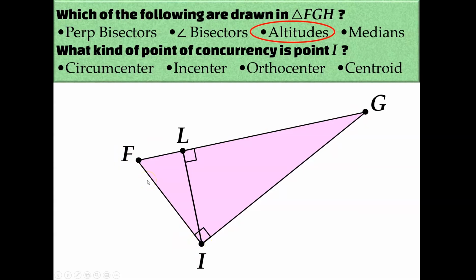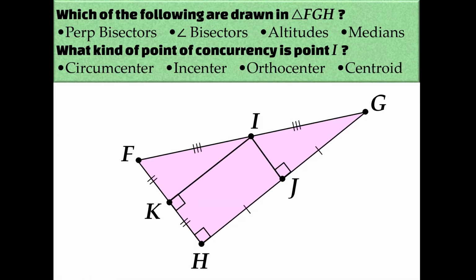Likewise, if I wanted to draw a segment that is perpendicular to side FI and connects to the vertex on the opposite side, again, that would just be one of the sides of the triangle. So side IG is simultaneously a side of the triangle as well as an altitude of the triangle. So these two sides, as well as this segment, intersect at point I. That makes point I the orthocenter of this triangle.